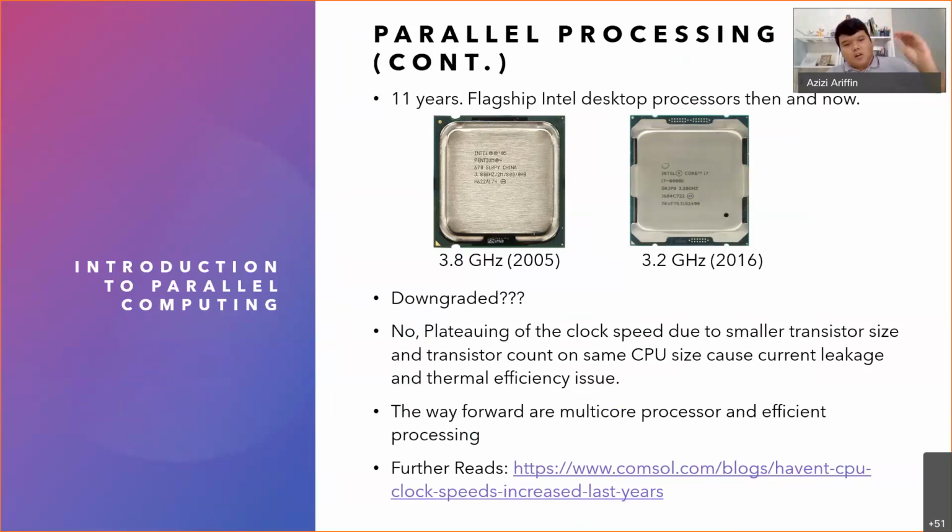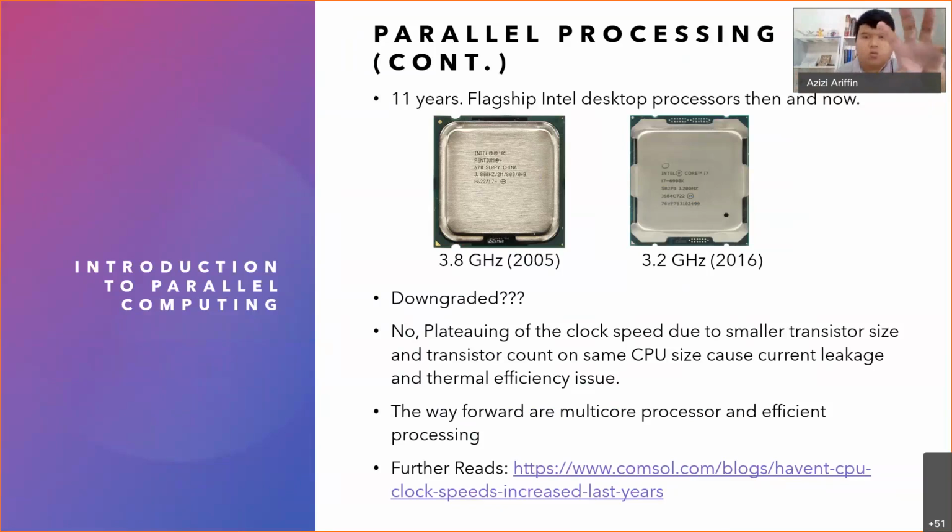But along the line, after 11 years, if you see in 2016, Intel Core i7 6900K, tengok more modern processor, more capable processor, tetapi kita tengok dia punya clock rate dah jadi 3.2. Kenapa clock rate dia tak tinggi? Adakah kita downgraded? Adakah processor yang lagi baru kita downgrade pula? Dulu lagi power, sekarang ni lagi rendah clock speed.